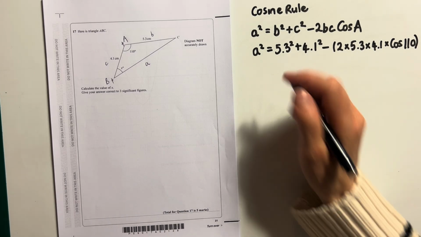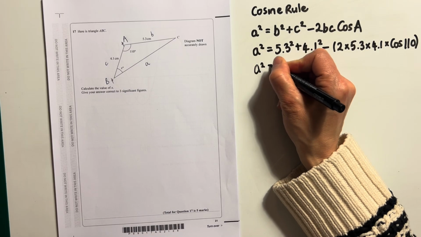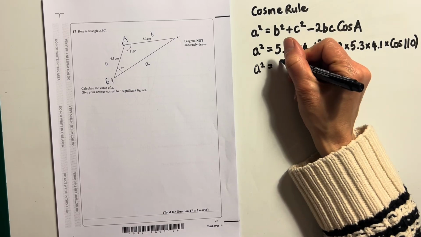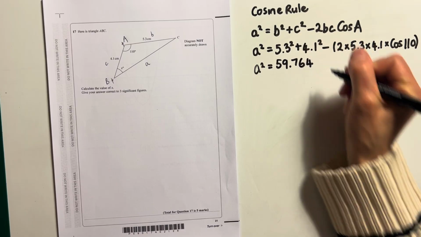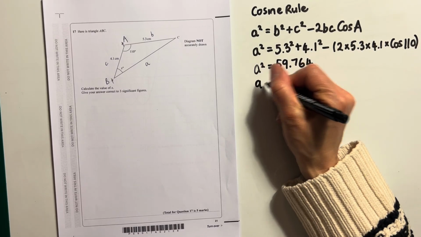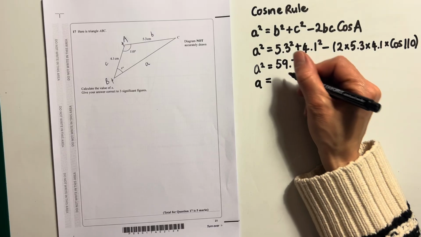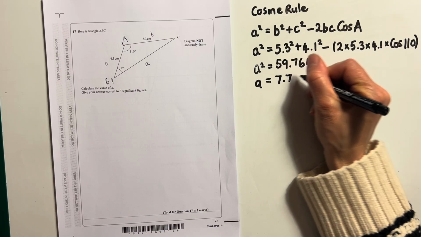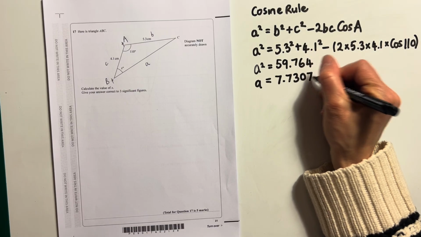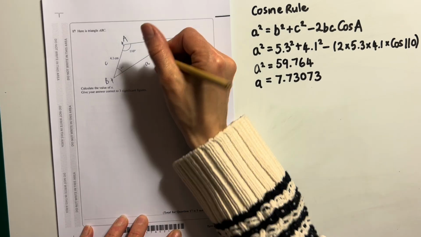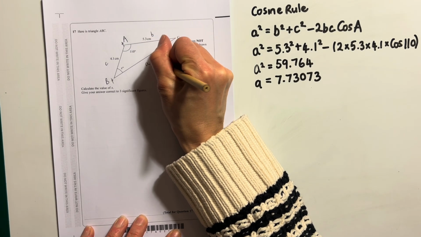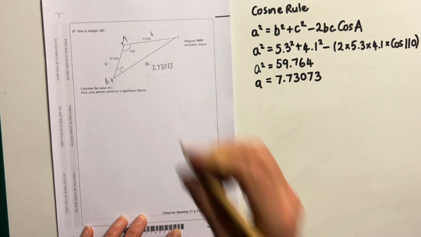If we pop that into the calculator, we find out that a squared is 59.764, which means that when we square root it, we find that a is 7.73073. So now we've got our length a. So a is 7.73073.